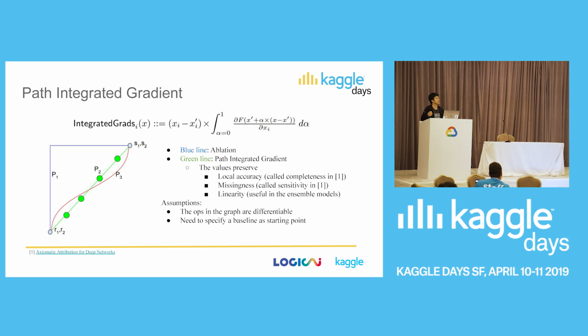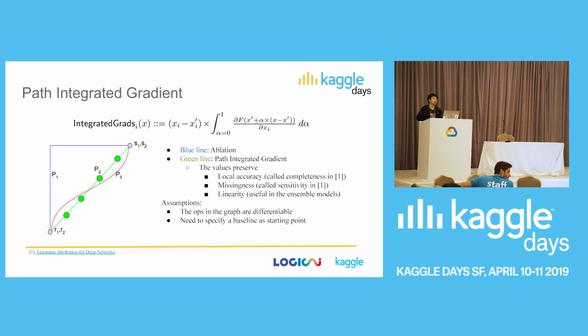It assumes you have some starting point. For example, for images, the starting point might be the mean of all images, or it could be all black or all white images. It represents a state of no information. For NLP, it could be a sentence of the same length with null tokens.